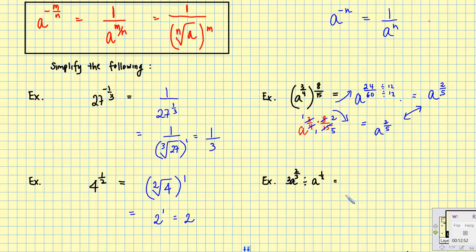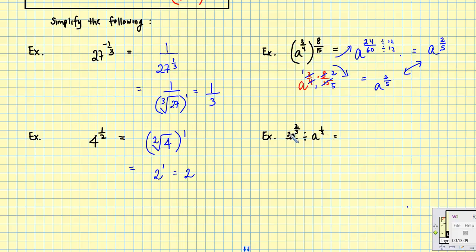Now, if I have a question similar to the last one that I have here on this page, 3a to the power of 2/3 divided by a to the 1/2. Well, I can look at it this way: 3a to the power of 2/3 divided by a to the 1/2.